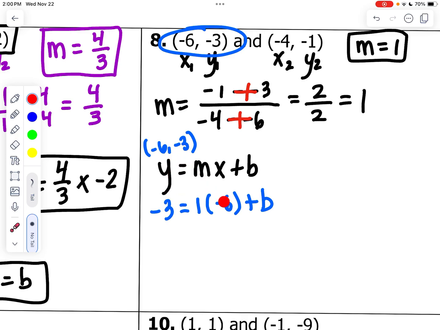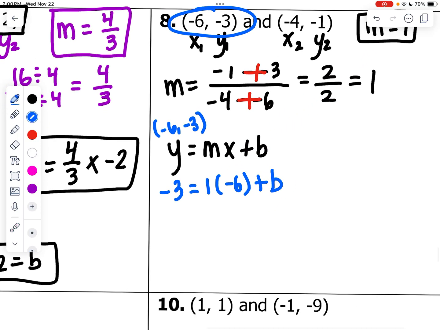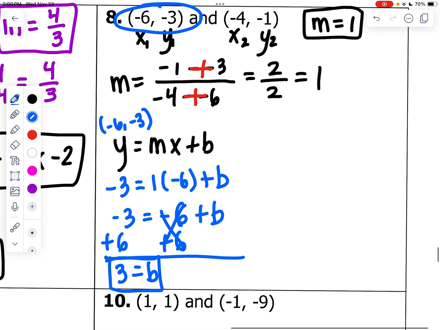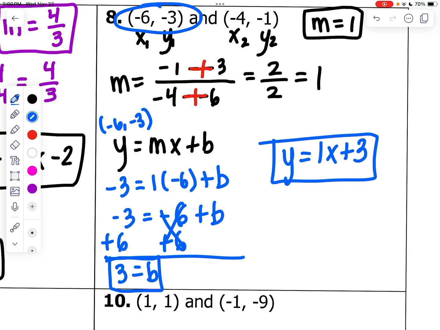X is negative 6. And my slope is 1. And we're finding b. So negative 3 equals negative 6 plus b. Add 6 to both sides, so we have 3 equals b. Y equals mx plus b, 1x plus 3.